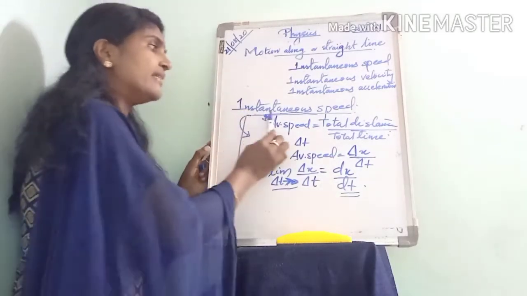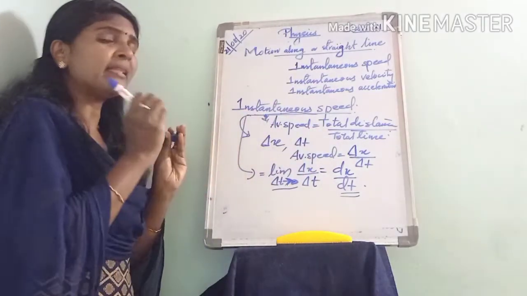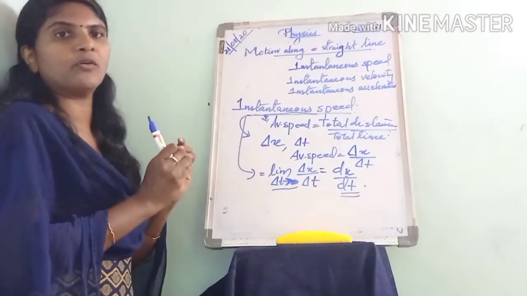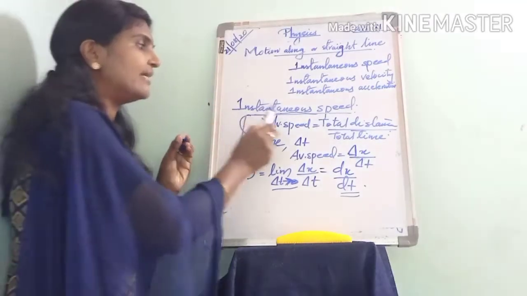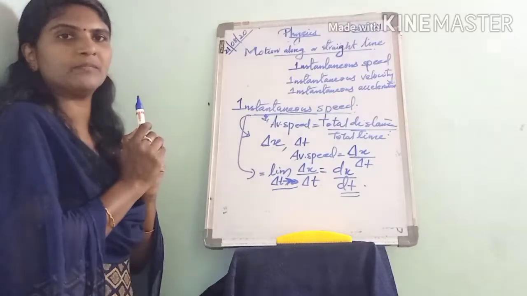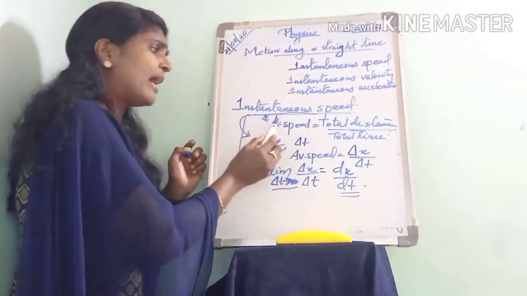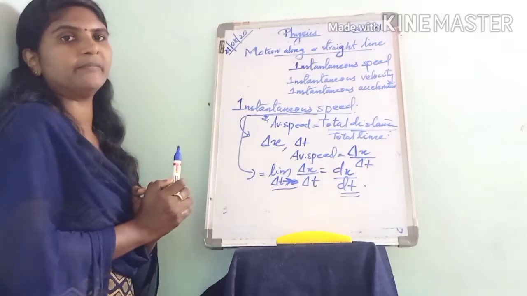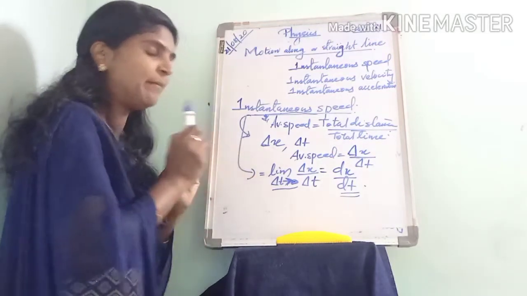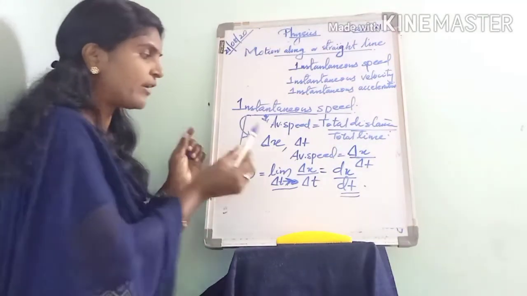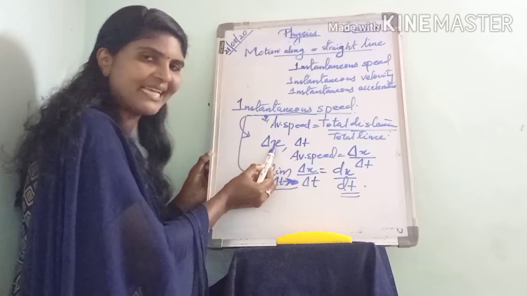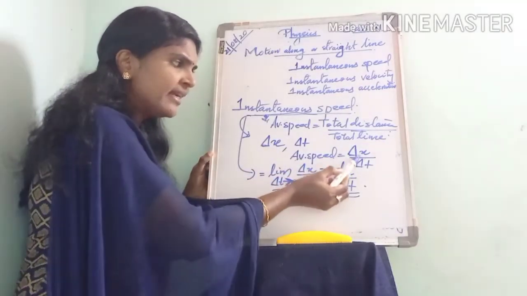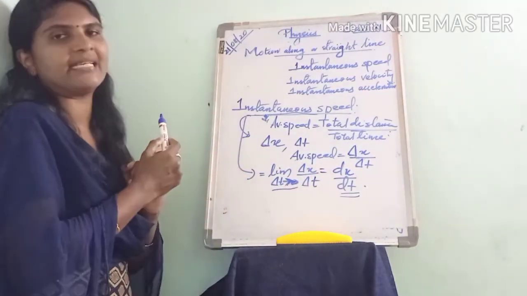The instantaneous speed means the speed of an object at a particular instant of time. From the average speed we can measure instantaneous speed by applying a limit. Suppose an object covers a distance of delta x during the time delta t, then the average speed equals delta x divided by delta t.